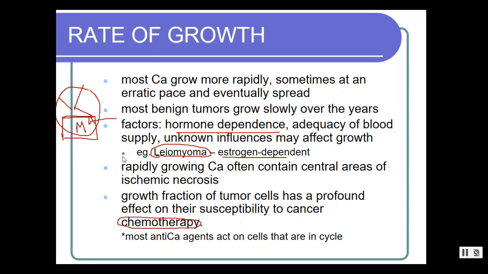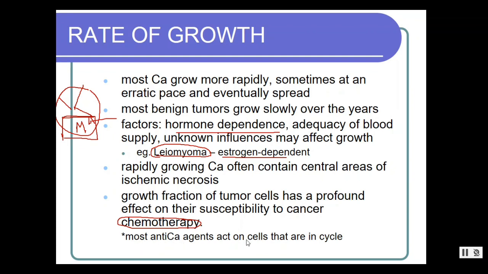Okay. Now, a rapidly growing cancer often contains several areas of ischemic necrosis, which I will explain later. The growth fraction of tumor cells has a profound effect on the susceptibility to cancer chemotherapy. So, what fraction of the tumor cells is usually attacked by anti-chemo drugs in your pharmacology, no? So, there are anti-cancer agents.